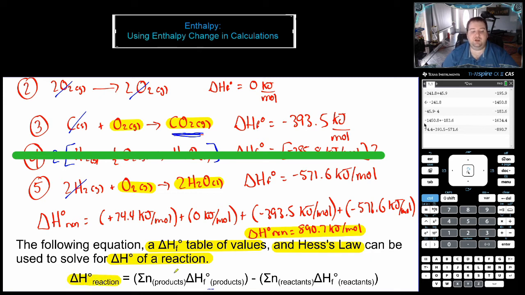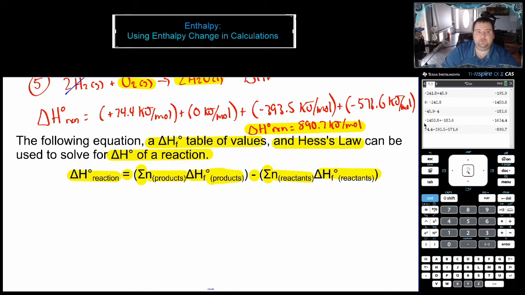The delta H of a reaction is going to be equal to the sum of however many moles of each product you have times the change in enthalpy of formation for that product. And each product needs to be added together because it's the sum, minus the sum of the same thing for your reactants.